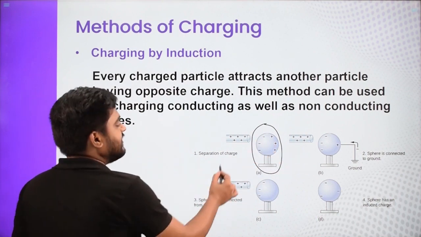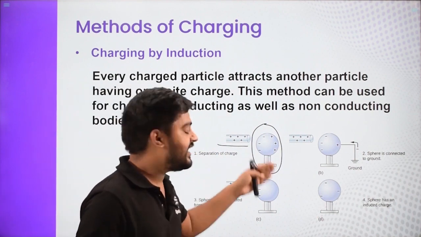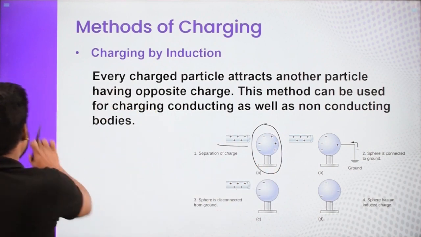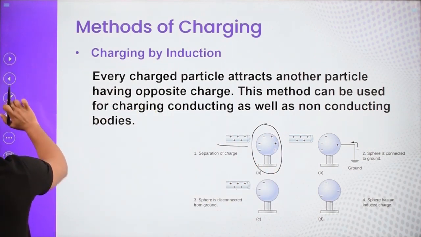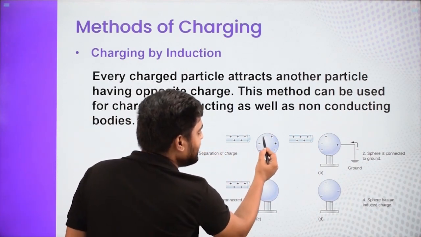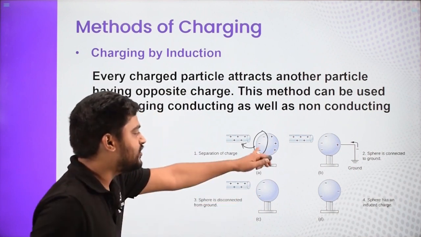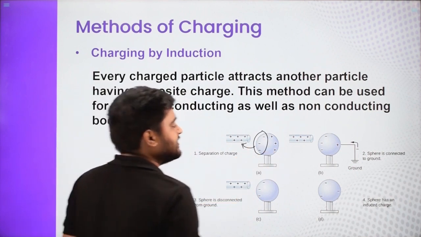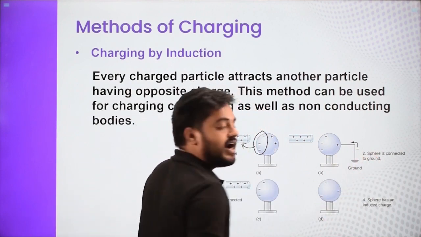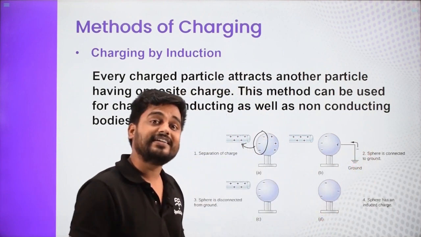When I bring another charged object near it, not keeping it in contact, just near the neutral object, there is a distribution of charge. When this is positive, all this negative charge gets attracted due to this positive charge and comes close to this surface. Then the second process is earthing of the other side. So this part I am connecting to the earth, or to the ground.